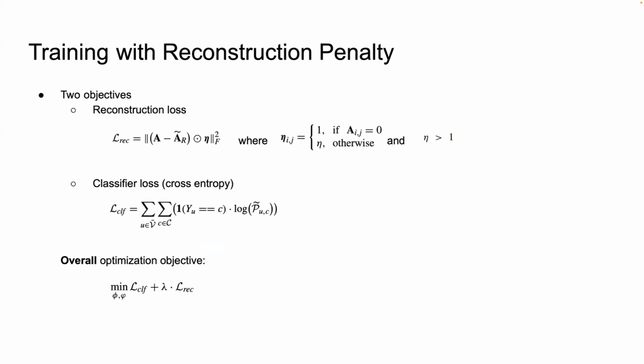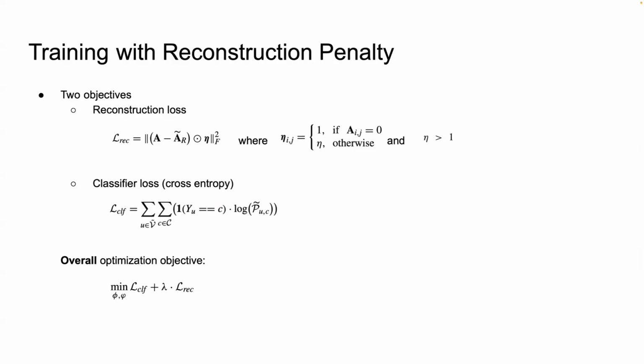Their training consists of two objectives. The first one is the reconstruction loss, and the second one is the classifier loss. In the reconstruction loss, they compare the generated augmented adjacency matrix and the original adjacency matrix, take a Hadamard product between that difference and this function, and get the Frobenius norm of that. This function ensures that if we don't have a connection in the original matrix, the cost is 1, but if there is a connection there, the cost is more than 1.